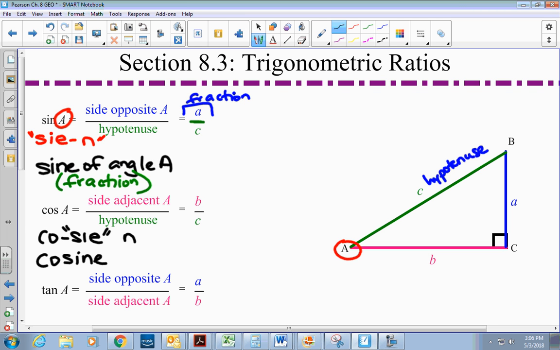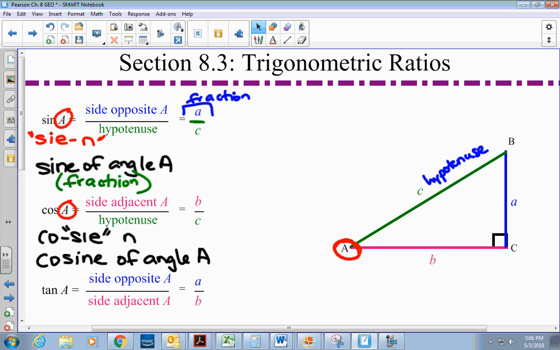So cosine of angle A. Once again, we're talking about angle A. That's this guy right here on our triangle. The cosine does not use the opposite side at all. It uses the adjacent side.